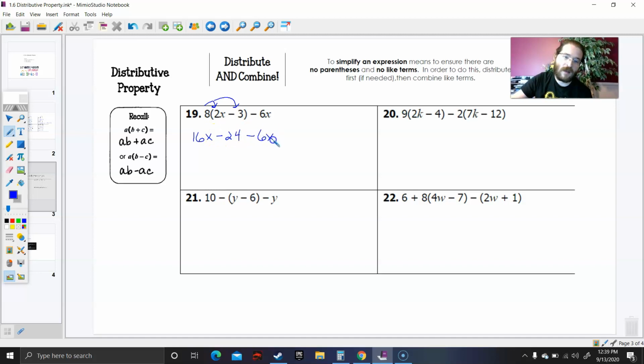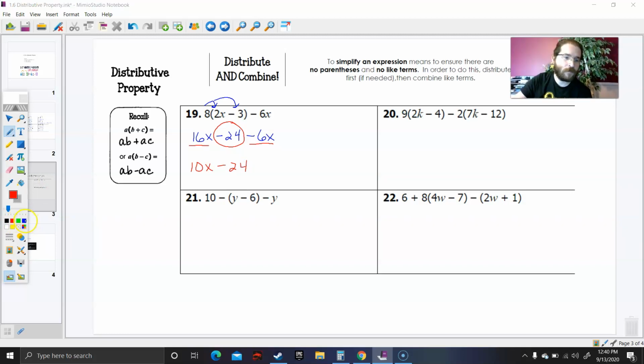Minus 6x. We're just going to combine these terms, right? So our new thing is going to be 16 minus 6, so we get 10x, and then this doesn't combine with anything, so we just carry this down, so minus 24.